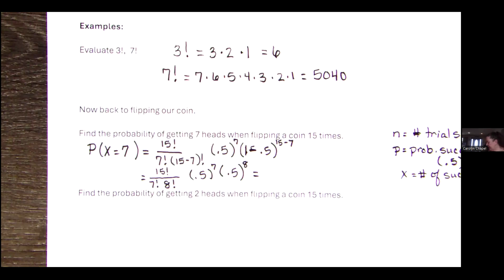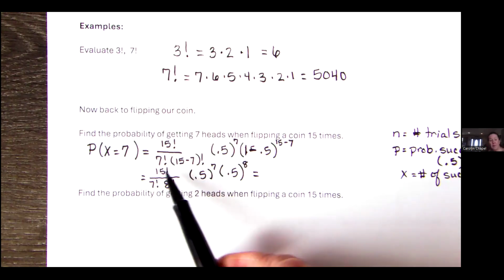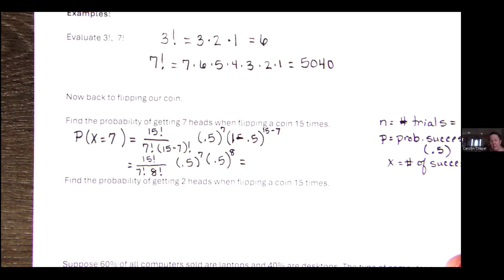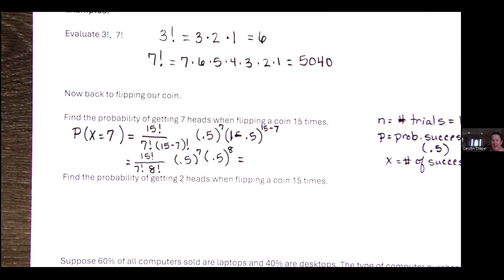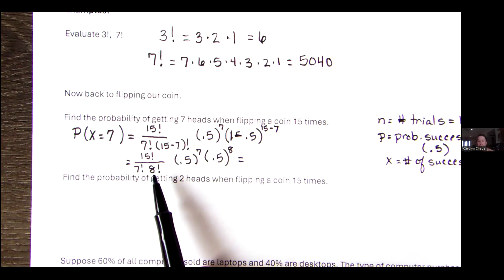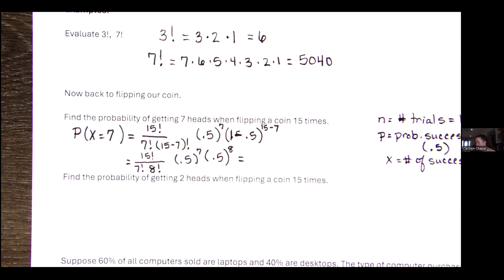Now, I like to calculate this first fraction separately because I want to make sure to get that piece correct. First of all, that will always be a whole number. No matter what happens, this very first fraction will always be a whole number.